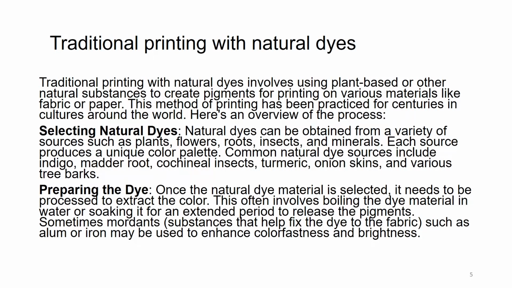This often involves boiling the dye material in water or soaking it for an extended period to release the pigment. Sometimes modern substances that help to fix the dye to the fabric, such as alum or iron, may be used to enhance the color fastness and brightness.